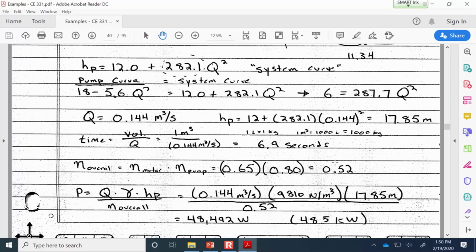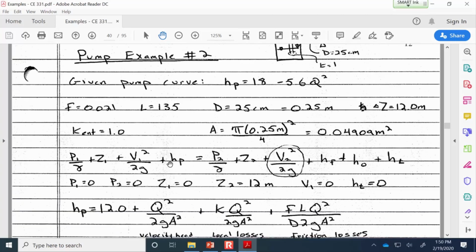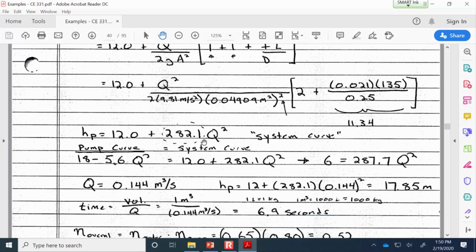But question? How come for the HP, for the equation you put 12 plus what? Okay. That was the system curve.